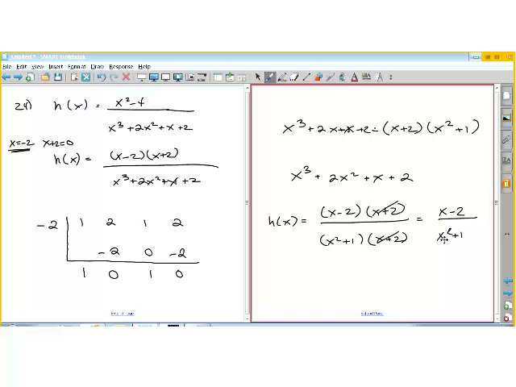So there is a hole at x equals negative 2, and you can see the denominator never goes to 0, so there are no vertical asymptotes either. If you only looked at the denominator and factored that, you'd say there's a vertical asymptote at x equals negative 2, but that wouldn't be true because it cancels out with that common factor. And again, you can plot it and see that's true.